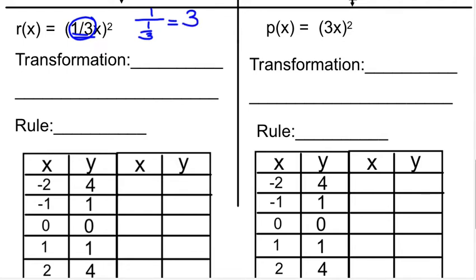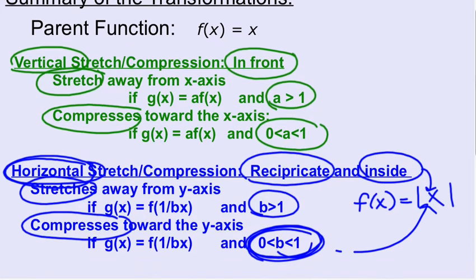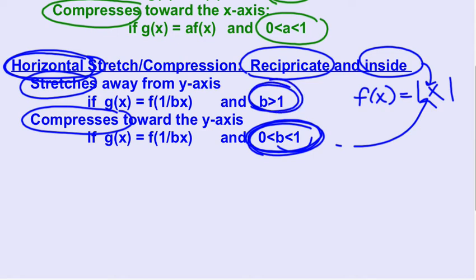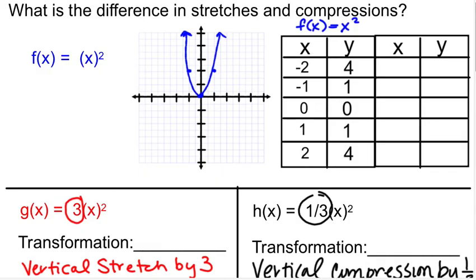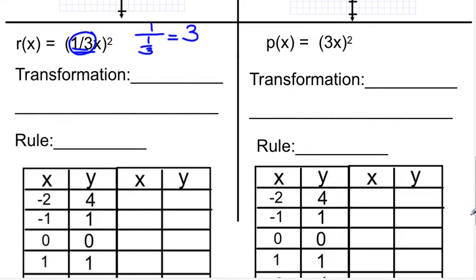So that's going to be our multiplier by the x's. If we come back to our blue, our number is greater than 1, so we are horizontally stretching it by 3. So we say horizontal stretch by 3.